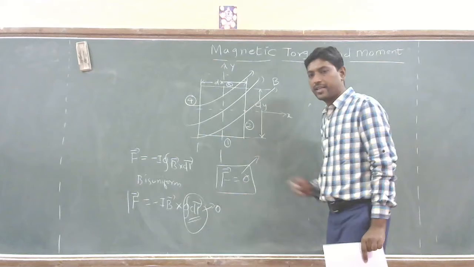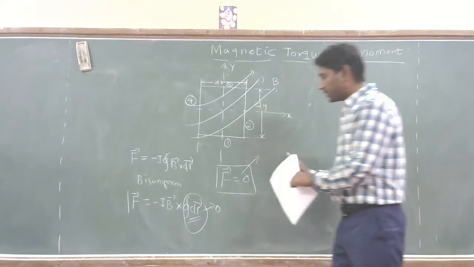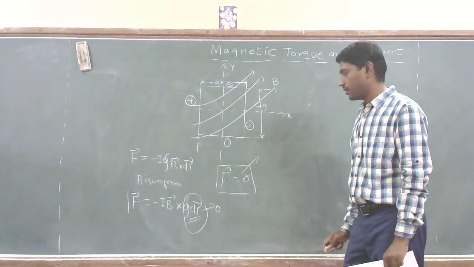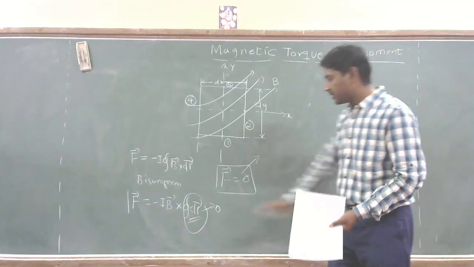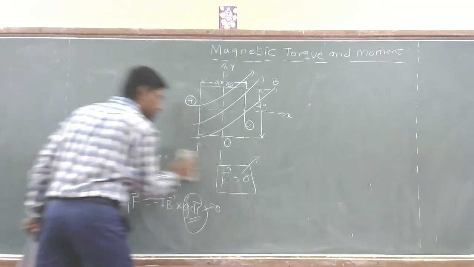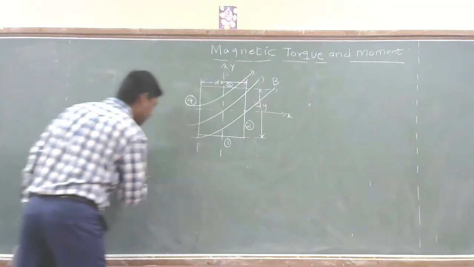So as a total, the force will be 0, but there will be a torque. So this is a note before we try to find the differential torque on this loop.